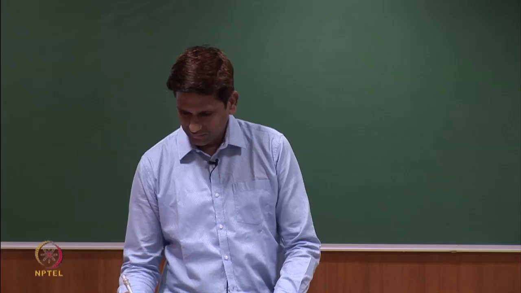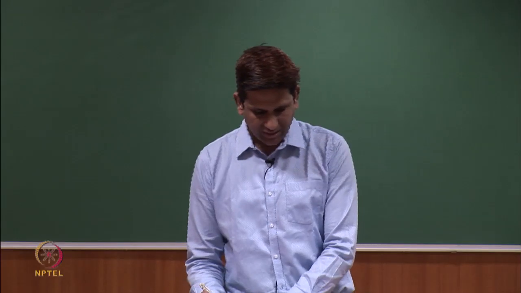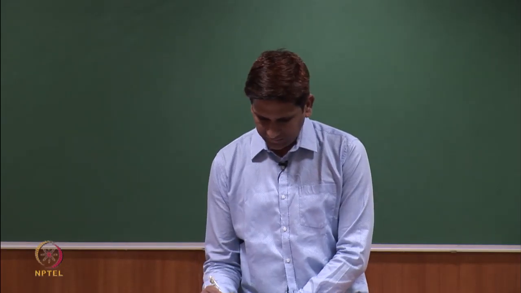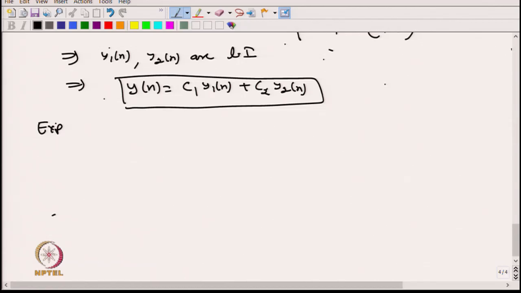Now, let us do one example based on this. Let us take the example 4 y double dash plus 4 y dash plus 5 y equal to 0.